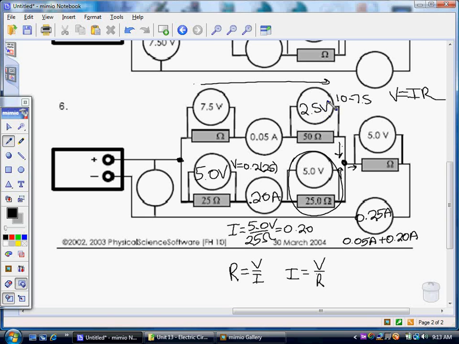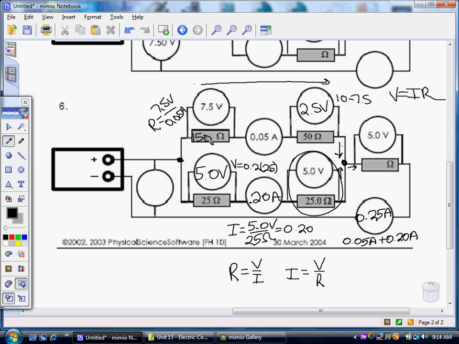So we're almost there. We need the resistor in the top part of the parallel circuit. So we use R equals V over I, which is going to be 7.5 volts over 0.05 amps. When I do that one, I get 150 ohms. All right.